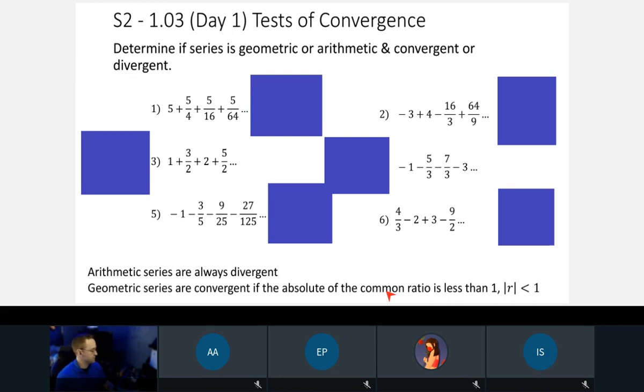Another 40 seconds left. All right. What is the answer to the first one?